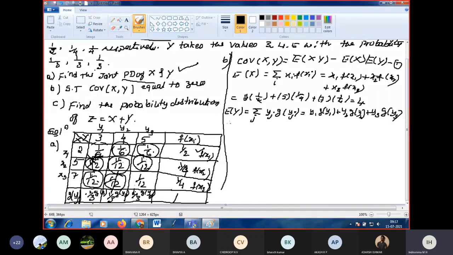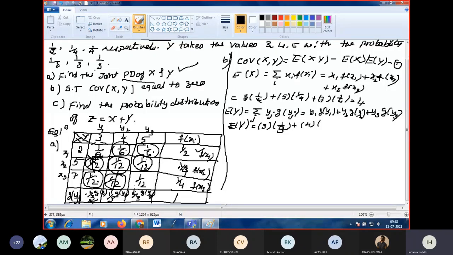Substitute the values, so we will get expectation of y. Expectation of y is equal to y1. What is y1? 3. g of y1 is, sorry, not 1 by 12. What will it be? g of y1 is 1 by 3, right?